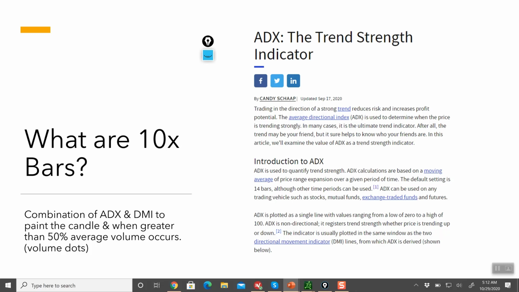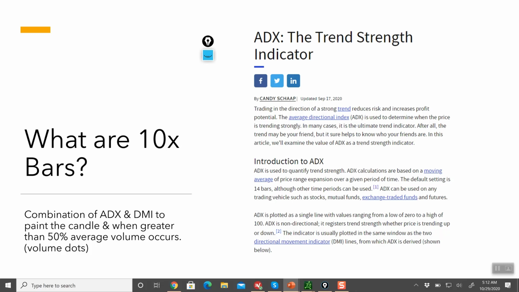But the ADX is the average directional index and is mainly a calculation from a moving average of price range expansion. So the greater the price range expansion is, the higher the ADX is. And then the DMI is a directional movement indicator, and those are plotted by two indicators.